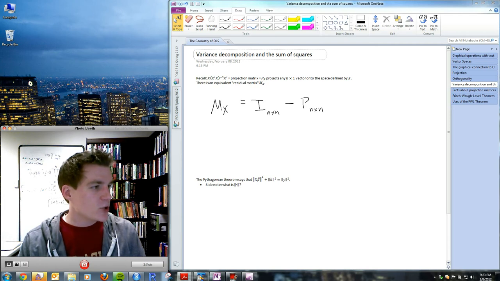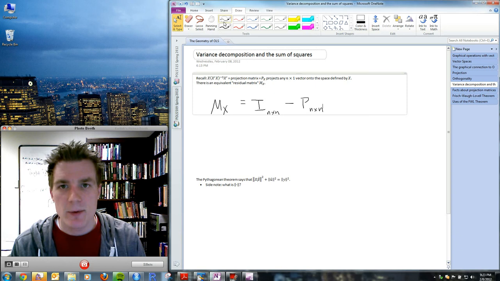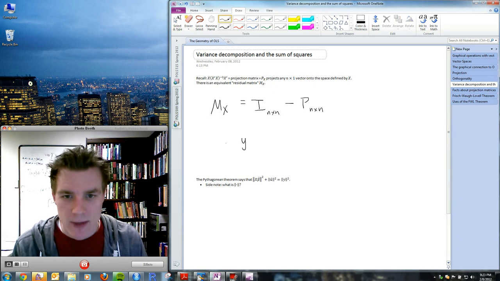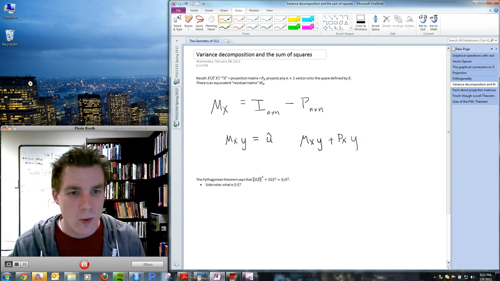What the residual matrix does is give us the residuals. So if, for example, I were to take a vector y and pre-multiply it by Mx, what I would get is u hat. So Mx y plus Px y equals y again.